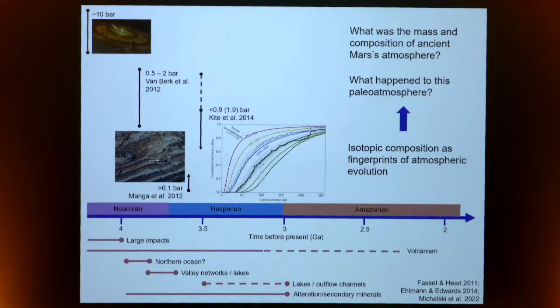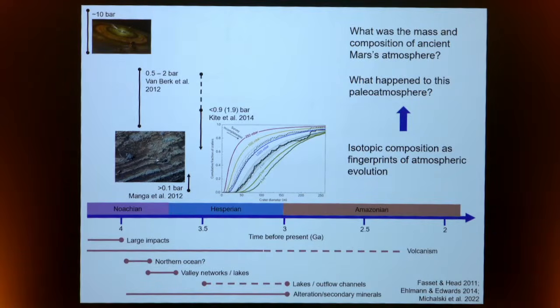I'm showing some examples here. You can do that through certain morphological features and through some inference. Then you can put some lower or upper limits, and it's pretty wide lower and upper limits, as you can imagine, for the surface pressure when the planet was young.